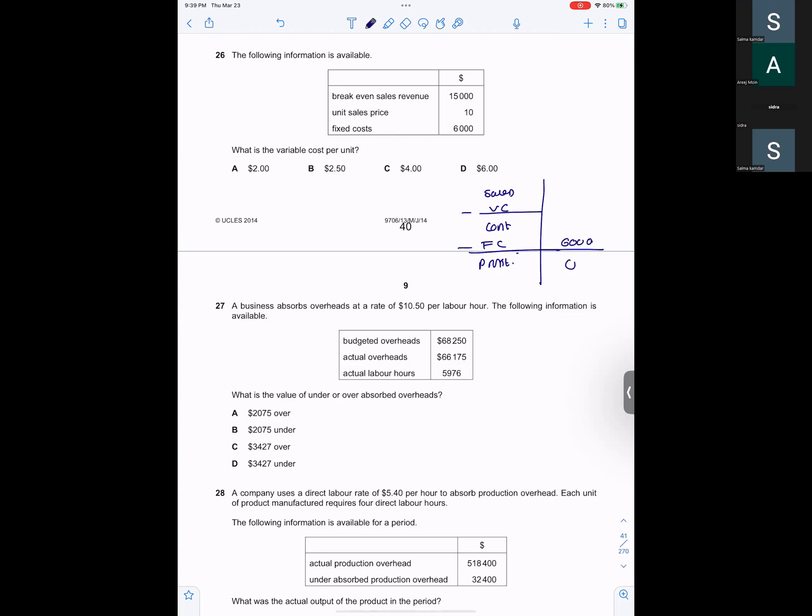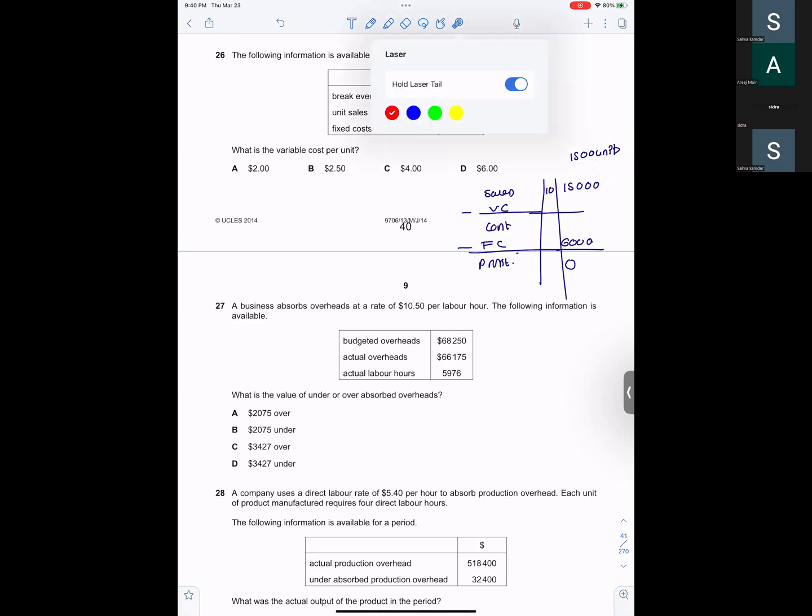So at break even, you will have zero profit, and break even sales revenue is 15,000. Unit selling price is 10. So 1,500 units. Are you with me? Your break even sales revenue is 15,000 and your selling price per unit is 10. So what will be your break even sale units? 1,500.